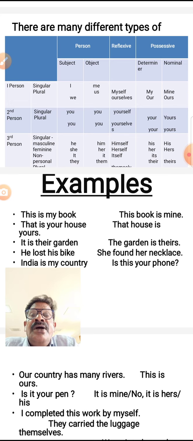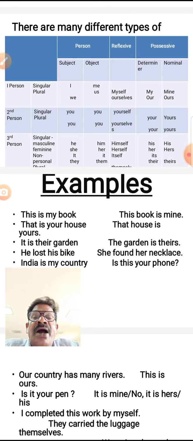Then next, second person singular, yourself. Plural, yourselves. And third person, you can come across himself in the reflexive pronoun column, herself, itself, and plural, themselves.